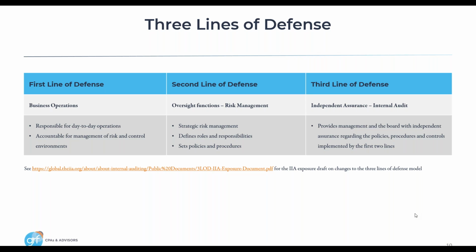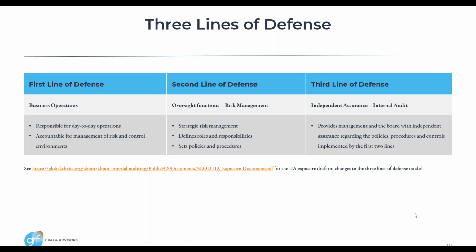One thing that I do want to note is the IIA, the Institute of Internal Auditors, is currently seeking comment on the 3 lines of defense model. As with most guidance, the model should evolve with organizational structures and what's going on in the industry. The current model, while it's simple and easy to communicate, can be somewhat restrictive, and it promotes more of a defensive approach rather than a proactive one.